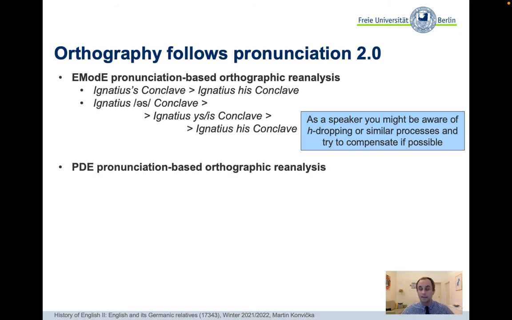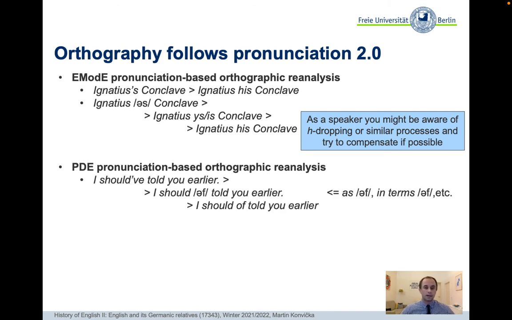A case of hypercorrection. And this might seem like a strange thing, but a similar thing actually happens in present-day English as well. Something that I would call a pronunciation-based orthographic reanalysis.